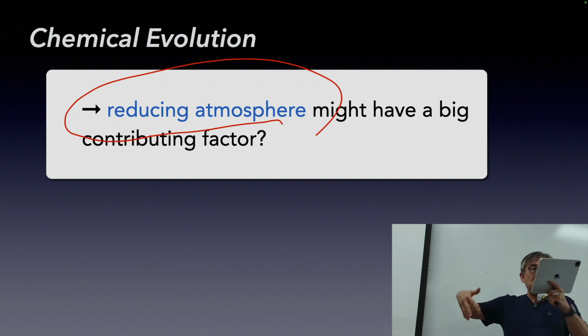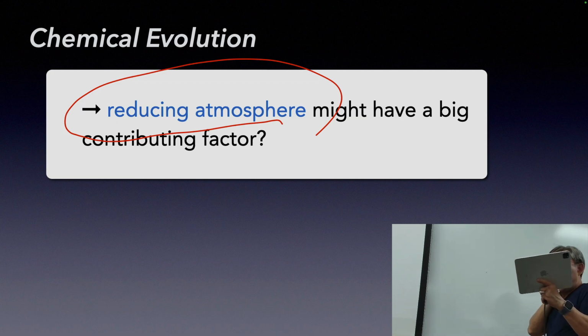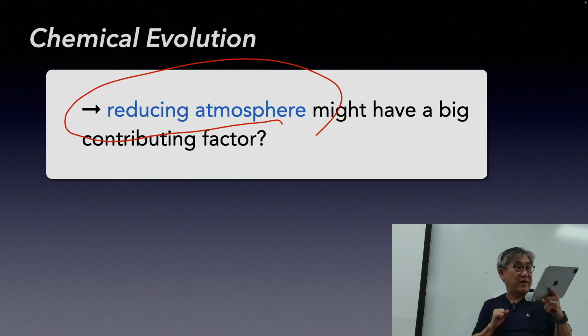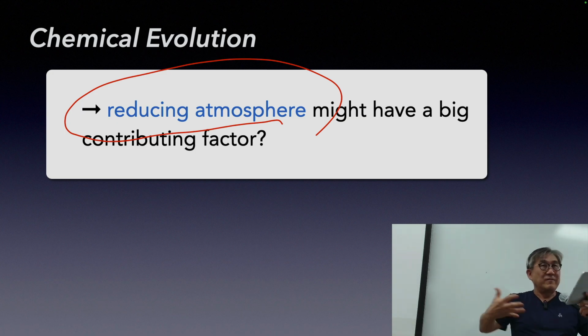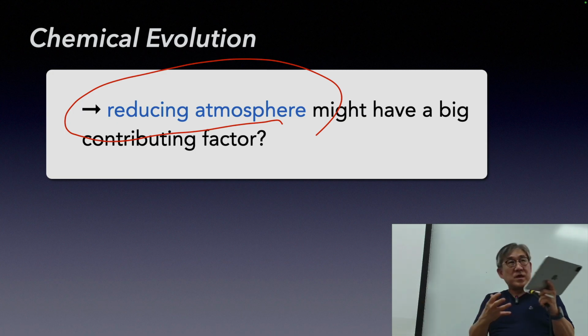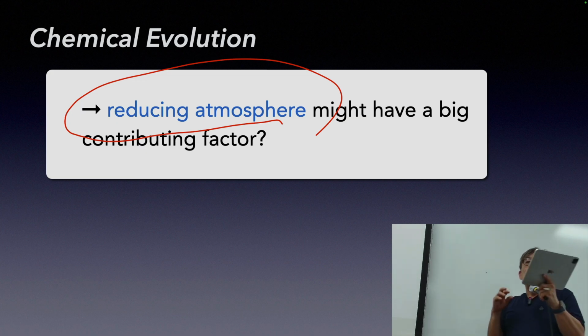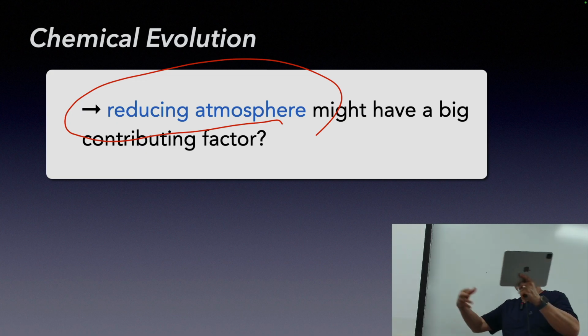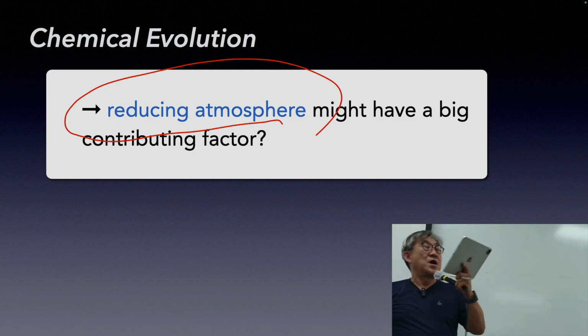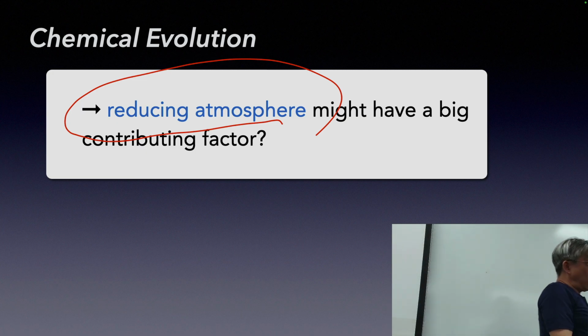But in the beginning, when there was no oxygen in the early days of Earth's evolution, forming this type of chemical reaction, which requires non-spontaneous reactions, would have been more readily possible, is what the scientists believe.